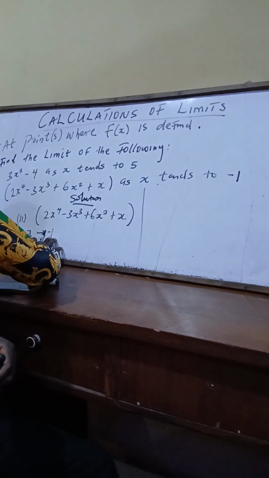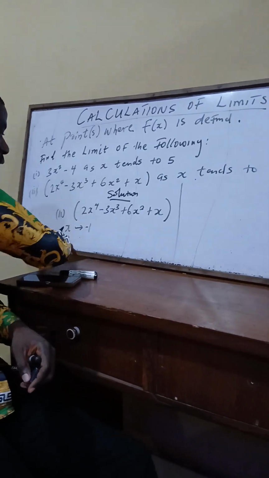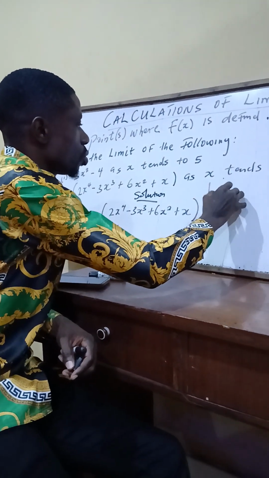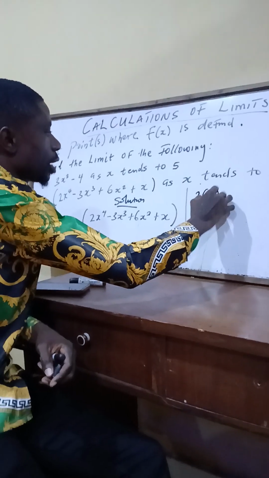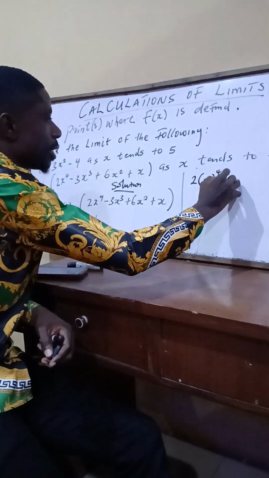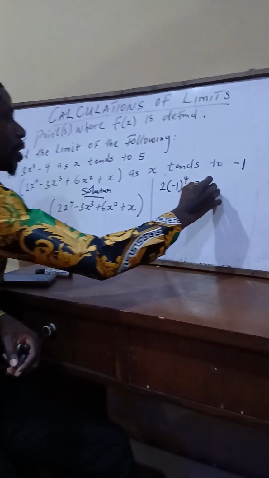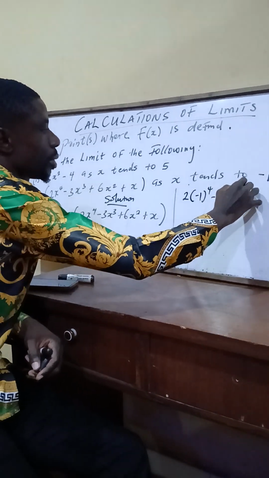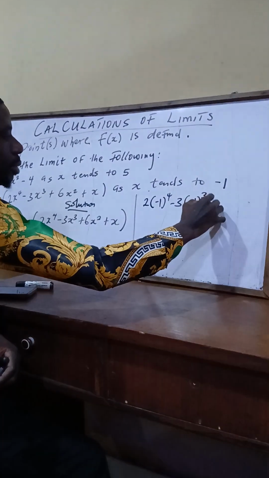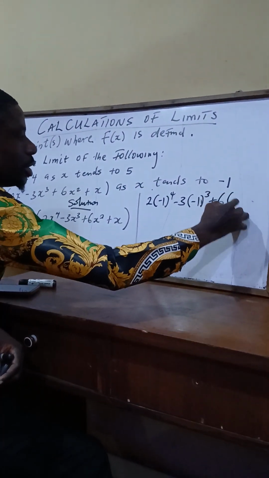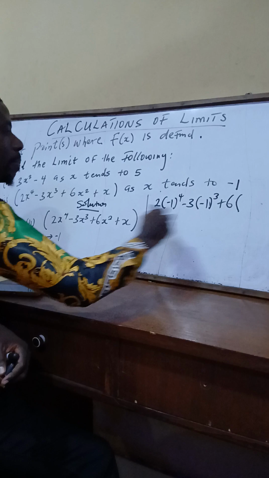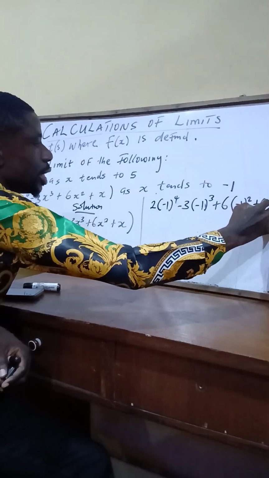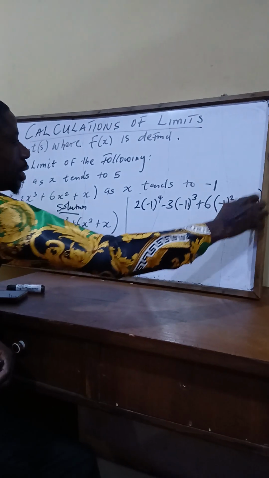We substitute any place we see x equals to minus 1. So we have 2 all brackets minus 1 raised to power 4 minus 3 all brackets minus 1 raised to power 3, then plus 6 into minus 1 raised to power 2 plus here we have minus 1.